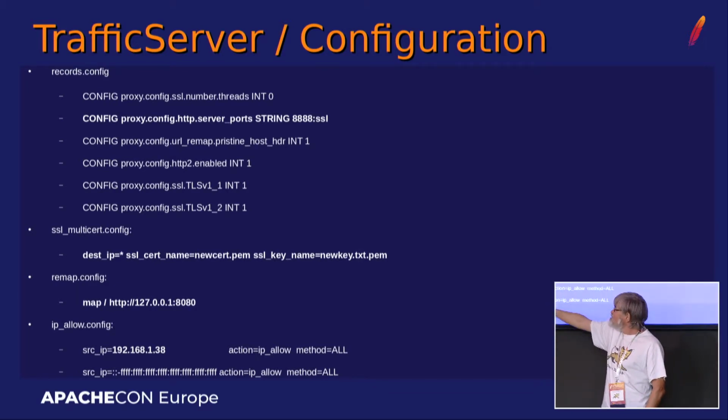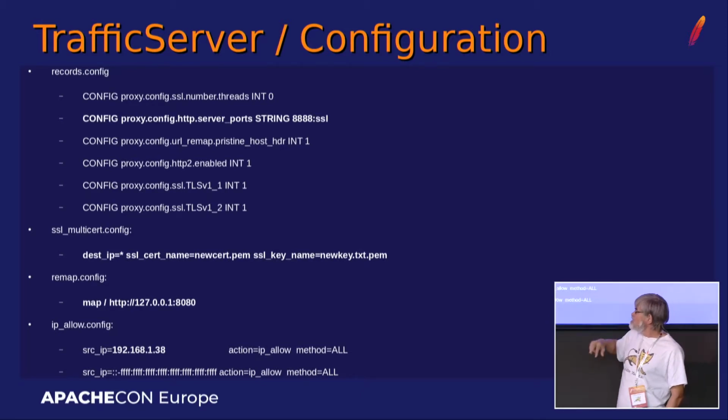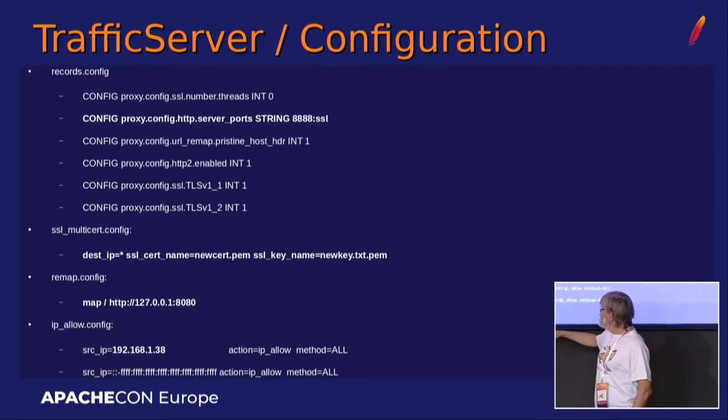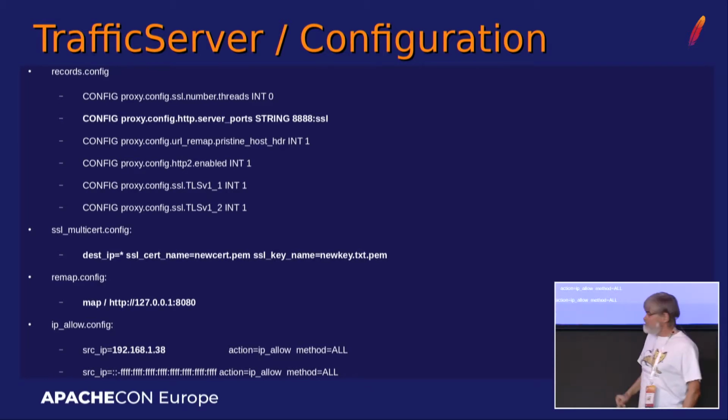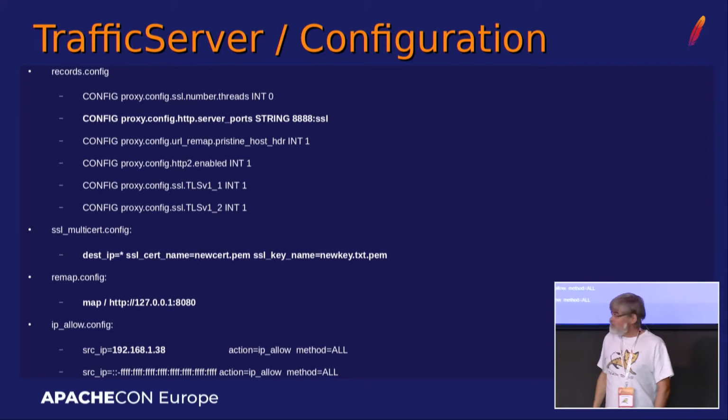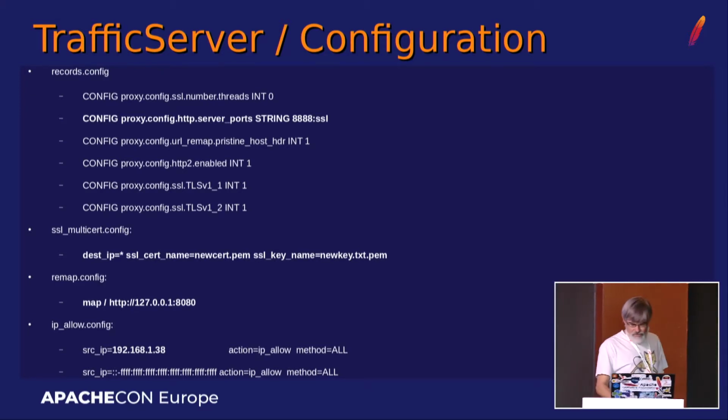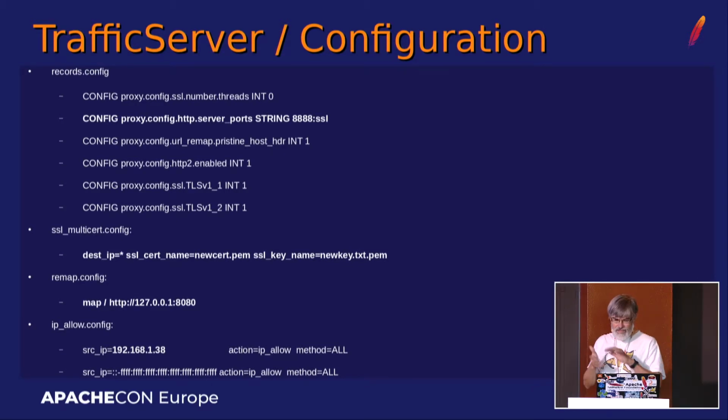We ask it to map anything to Tomcat, and they're a bit picky with the allow, which makes sense. They want to protect their server, so you need to tell it what you are allowing. In this case I was allowing my own address, which is probably not a good idea, and any IPv6, which is probably also not what you want. But that's just an example so you can see what you need.